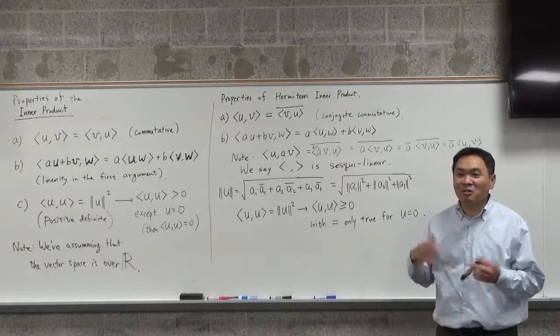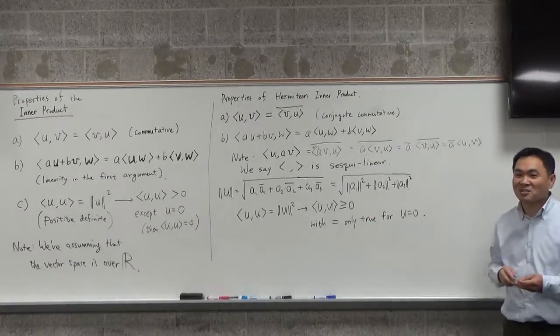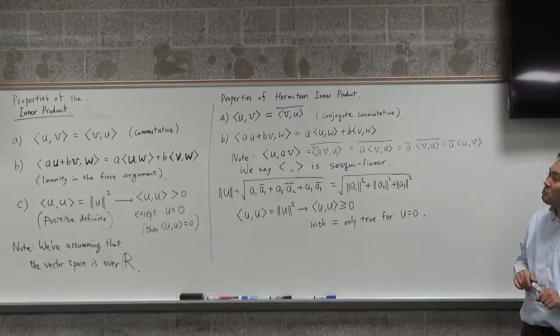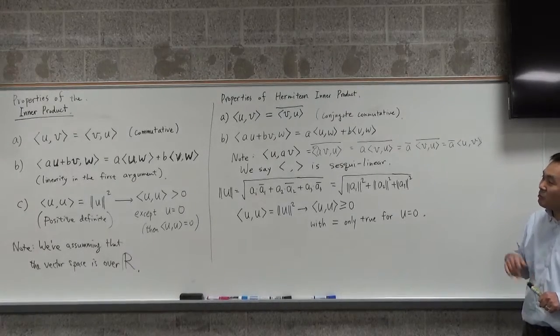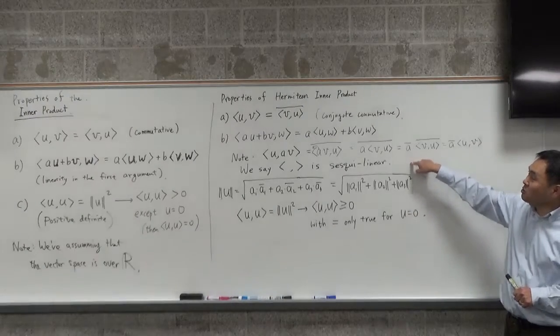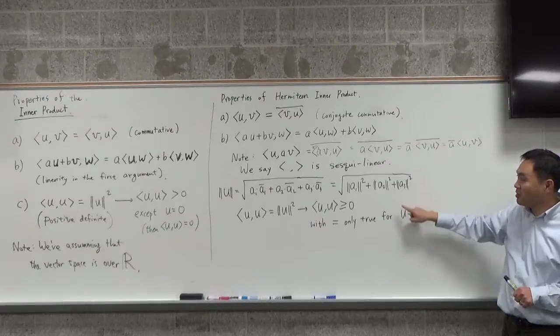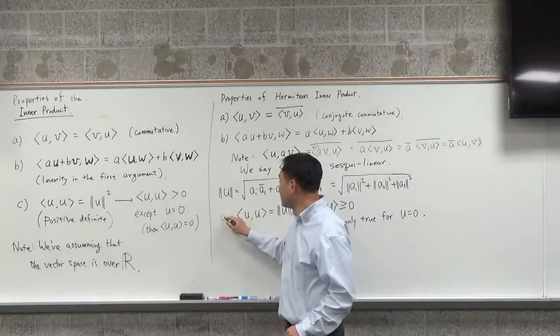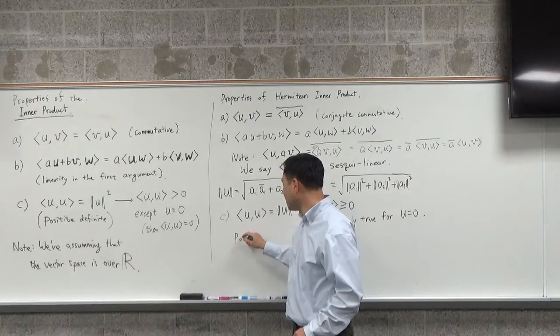It's like another way of saying partially linear. Yeah. So Hermitian inner product, opposed to the regular inner product, is a sesquilinear product, which is conjugate commutative, and it's still positive definite. So this is still true, part C, and this is positive.